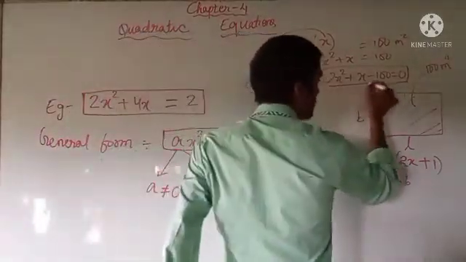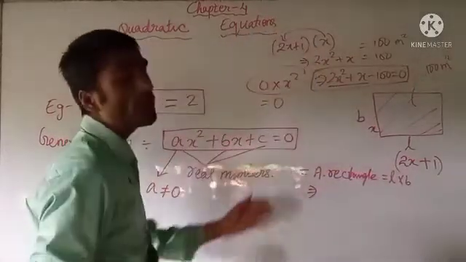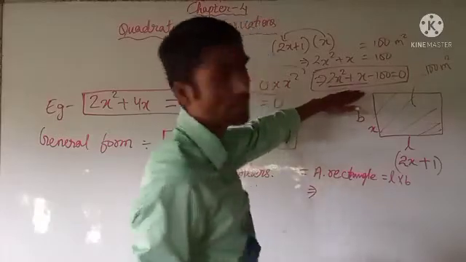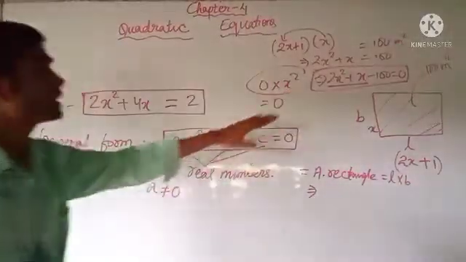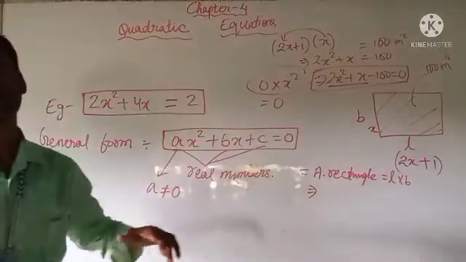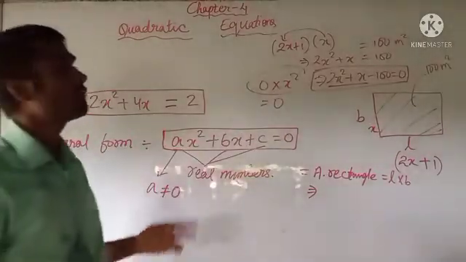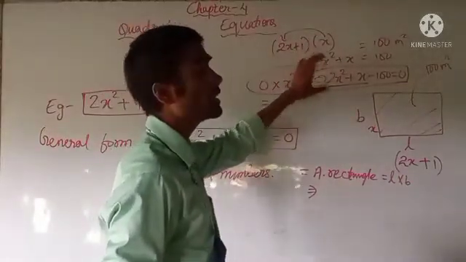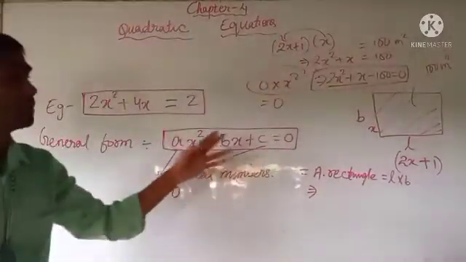So now we can obtain the value of x by using some methods, that is, some formulas, like the factorization method. We will come across this factorization method in our next exercise, that is exercise 4.2. In our first exercise we are going to discuss how to identify whether it is a quadratic equation or not.